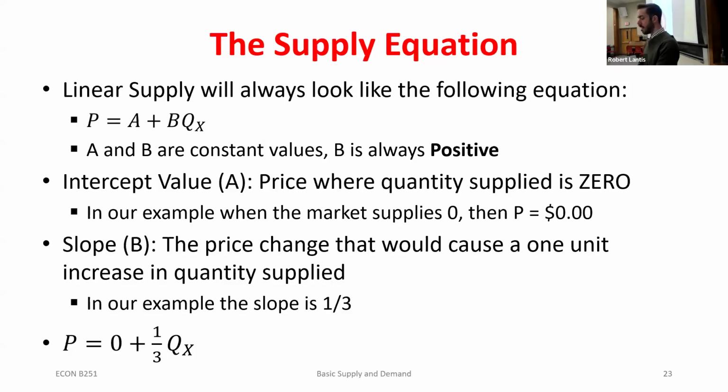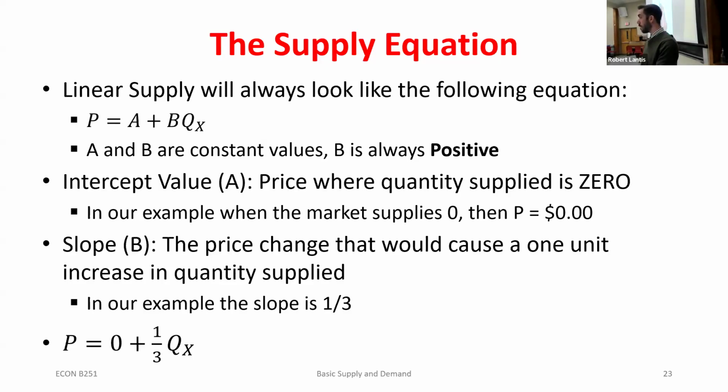Now, just like with demand, that price tells me if this is the first price I'm willing to supply this good at, this would represent the firm's marginal costs. As I start to plug in higher values, because my slope is positive, what's happening to the marginal cost of higher units?